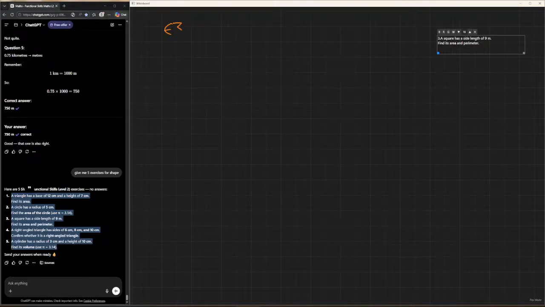Question 3. A square. So basically this is the square, with a length of 9 meters. Whatever, if it's meters or millimeters, whatever. Find its area and its perimeter. So let's find the perimeter first.